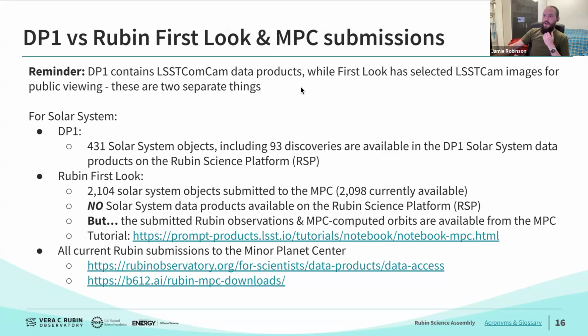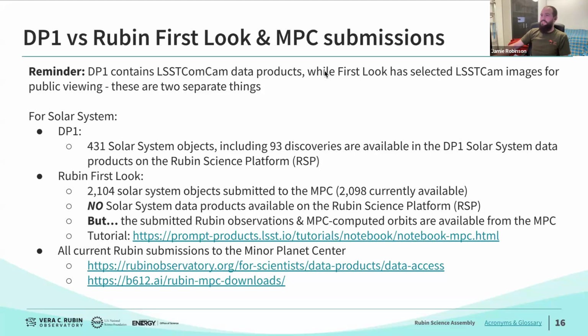The best way to describe that is you may remember that some of the first images coming from the Rubin Observatory were released last year as part of the Rubin First Look press release. Some beautiful images, lots of different things going on there. You may have even seen this beautiful video of asteroids moving across the field of view.